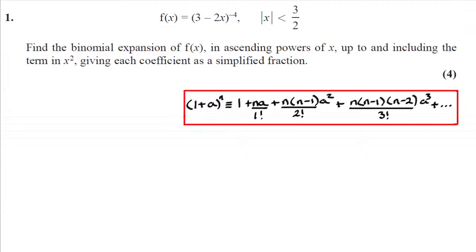The questions I've selected for you this morning are, as I say, A-level questions from past papers.